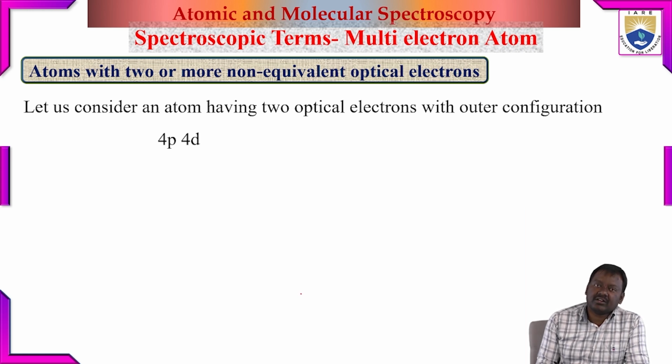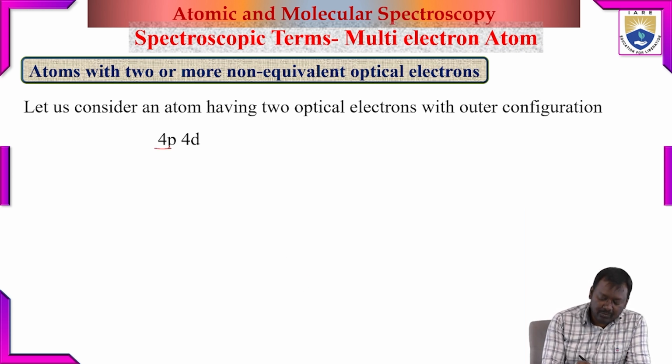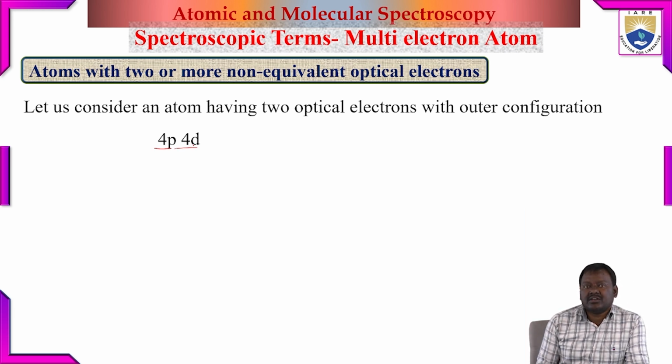Let us consider first non-equivalent optical electrons such as 4p, 4d. There are two electrons in two different orbitals, and those are called non-equivalent optical electrons.